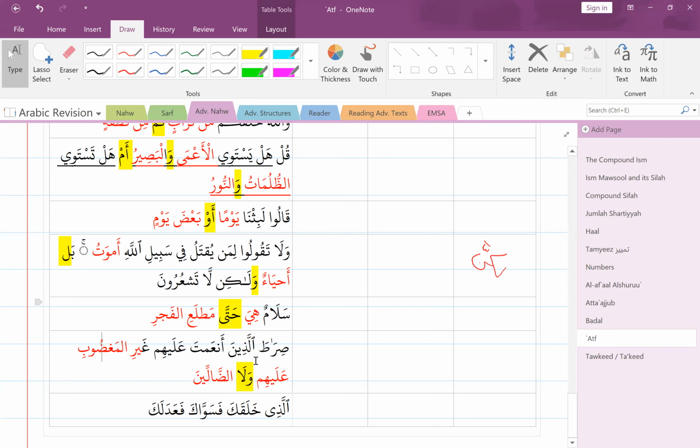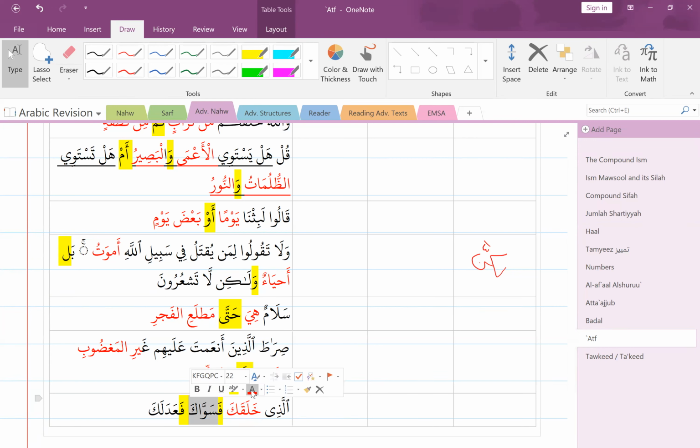Last one, Sultana. الذي خلقك فسواك فعدلك. So fa is harf atuf. And the second fa is also harf atuf. So we can say the whole verb, the whole خلقك, is matuf alayh.